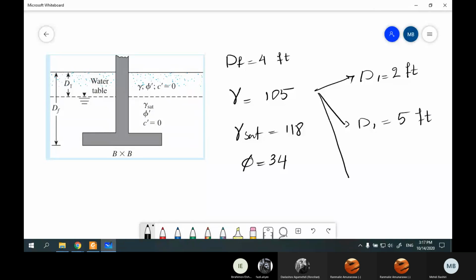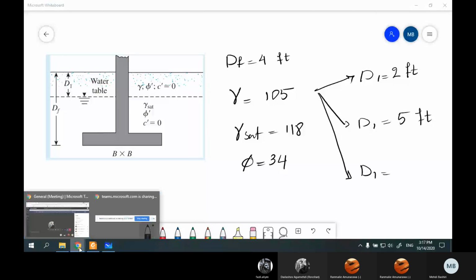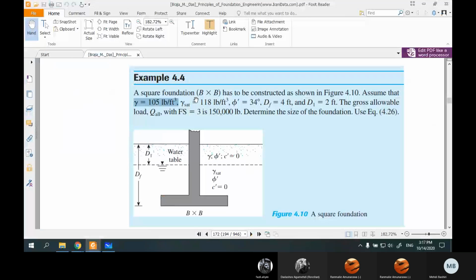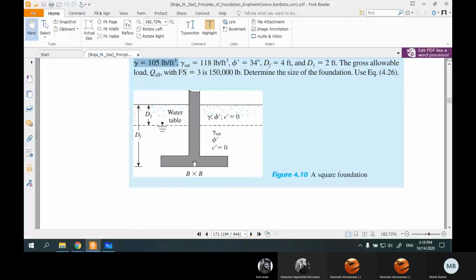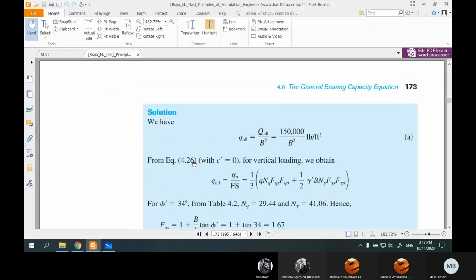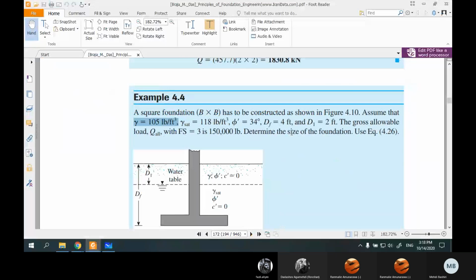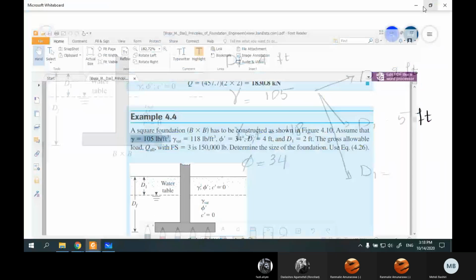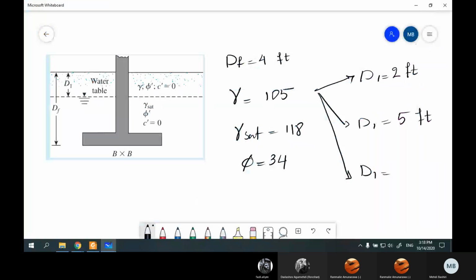And in the third case, for example, assume that Df is 4.